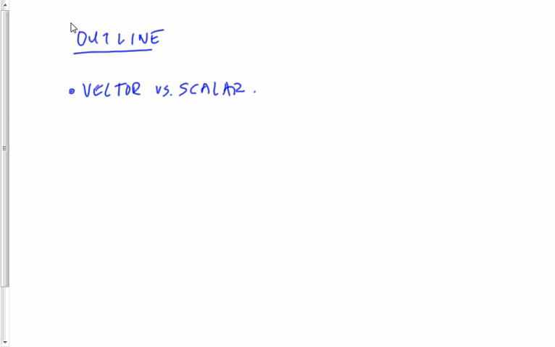Now, I'll let you in on a little trick here. If you're studying for this test and then you come in and write the test and there is a question like that and you forget, oh my goodness, I forget whether acceleration is a vector or a scalar, what's a way to cheat without cheating? That's kind of an oxymoron, but what's a way to do that?